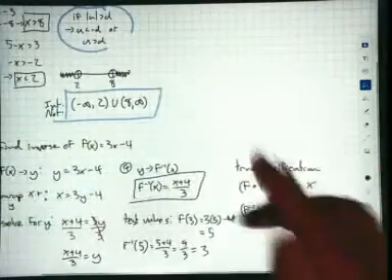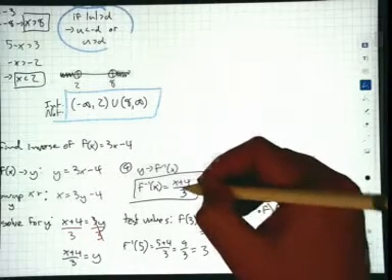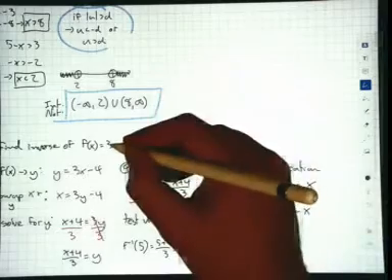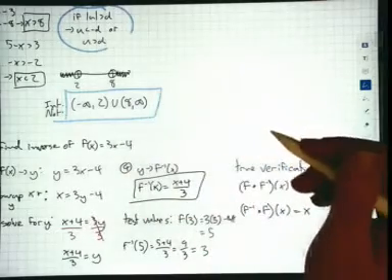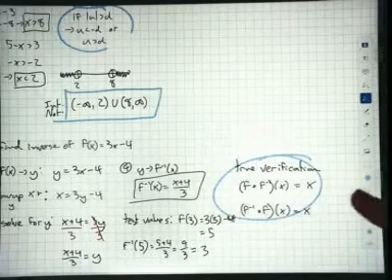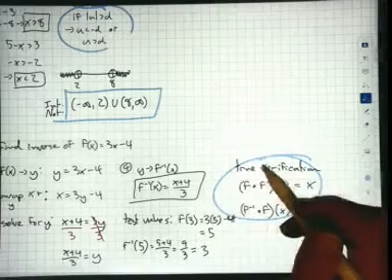Meaning, if I plug in this function into this, I better get x out as my answer, and if I plug this function into this, I better get x out as my answer. I'm not going to go through and do that. I mean, you could do that on your own, but there's your answer to this problem. Does that make sense?